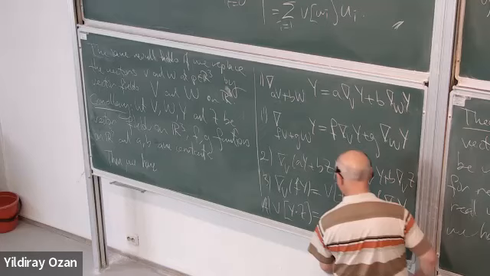You have to take the derivative of f, which is this, times y plus f times the derivative of y. And same thing here. Derivative of g times z plus g times the derivative of z. Okay.